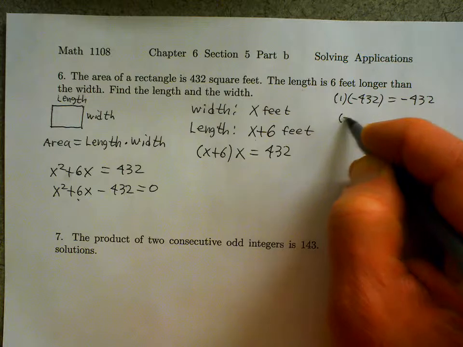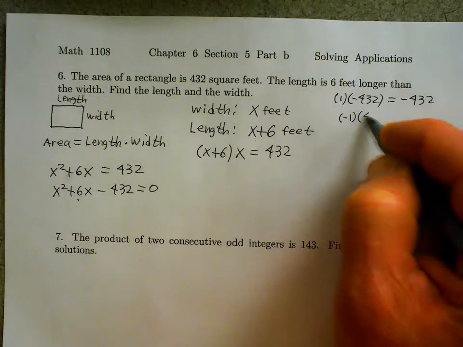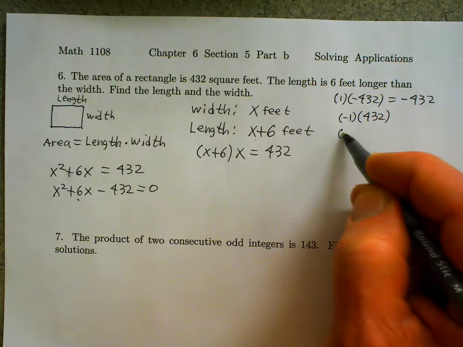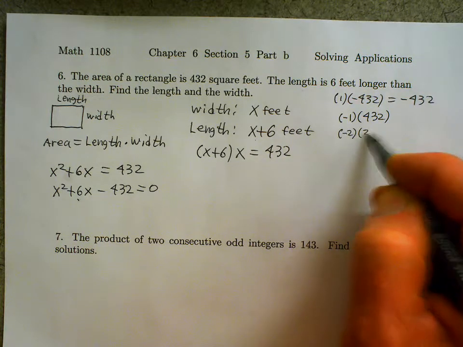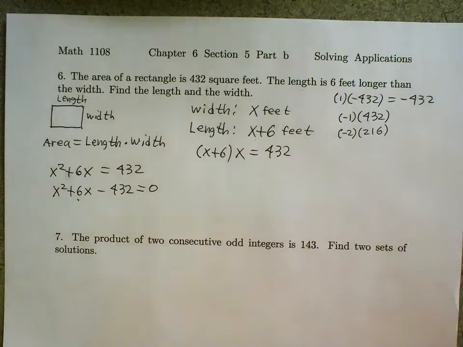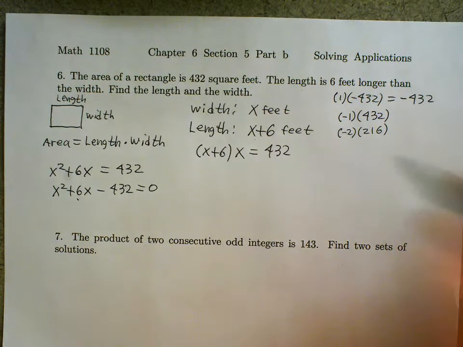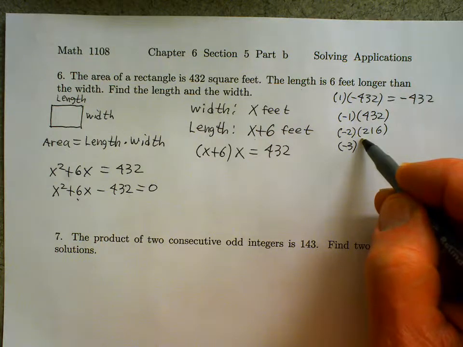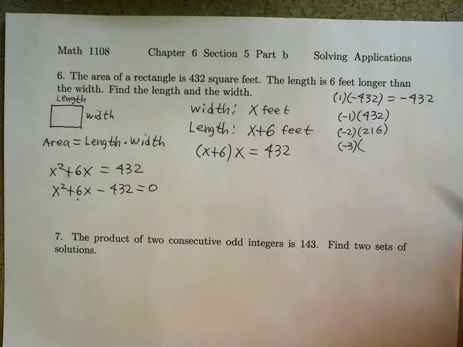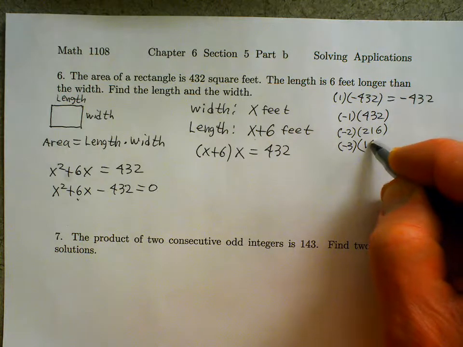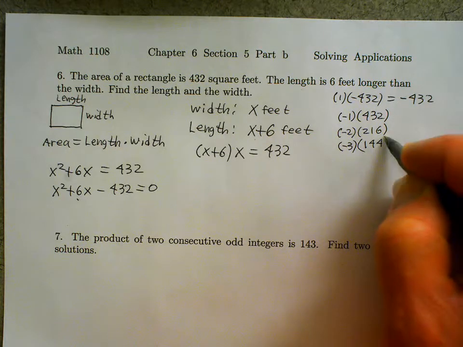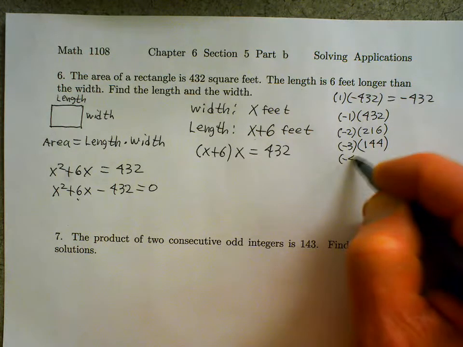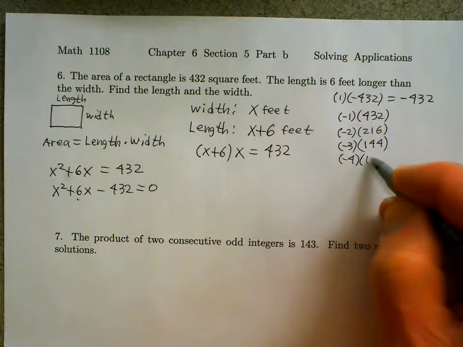So we start at negative 1 times positive 432. The next factor, negative 2 times positive 216. Negative 3 times 144. Negative 4 times 108.